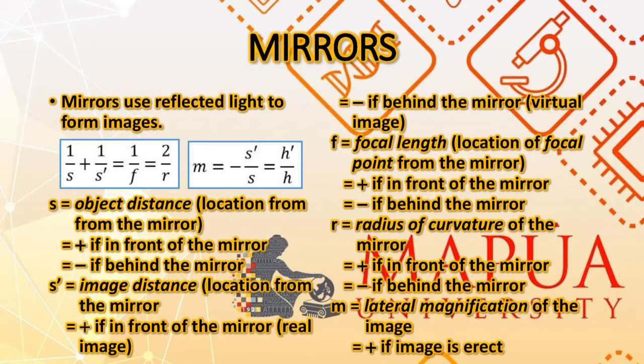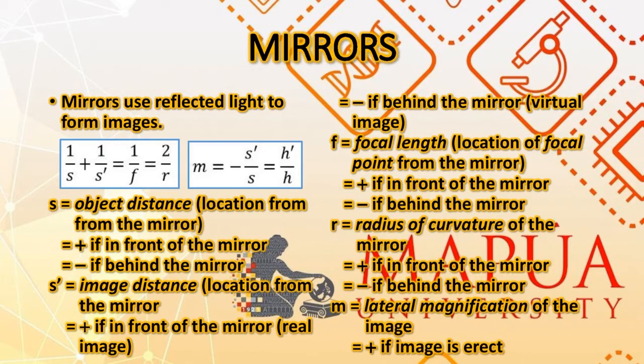S is the location of the object with respect to the mirror, referred to as the object distance. S prime is the location of the image with respect to the mirror, referred to as the image distance.